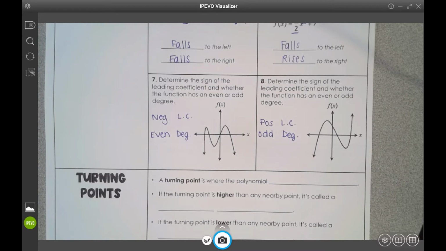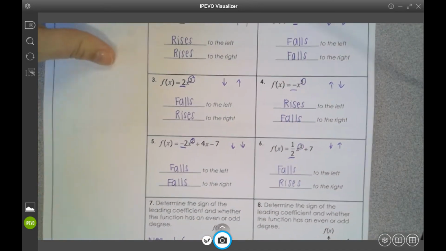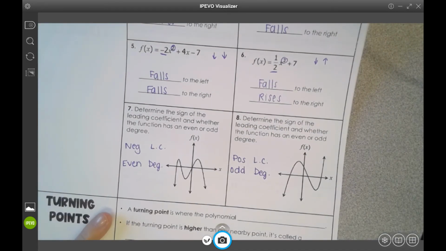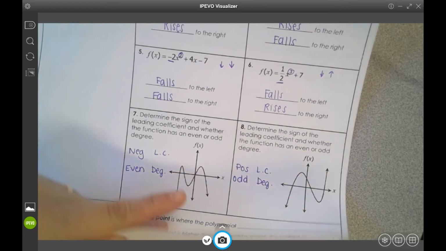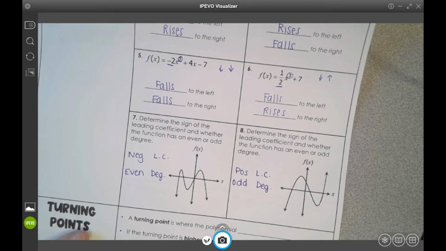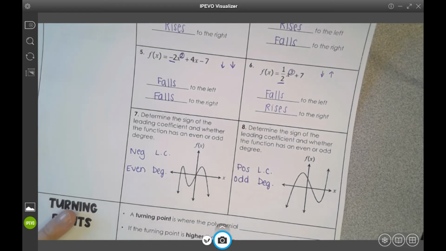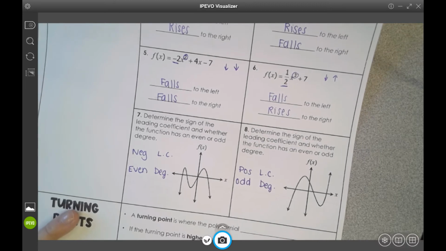Now, we're good on that. So the next thing we're going to do is what are called turning points. So in your graph, if you think about you're crawling up, going down, going up, down. Every time you reach a peak at the top or the little valley at the bottom, you switch.